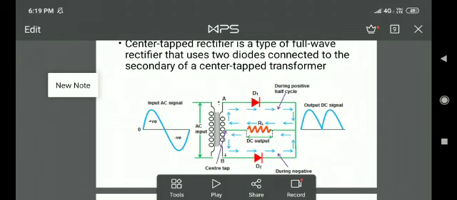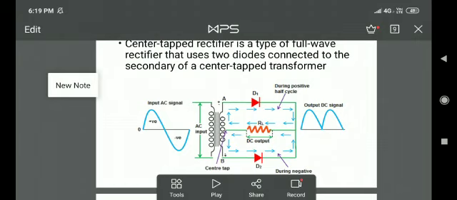So we say output is there, and that is due to the upper circuit, the current flowing through the diode D1. Now we consider the negative half cycle at the input.